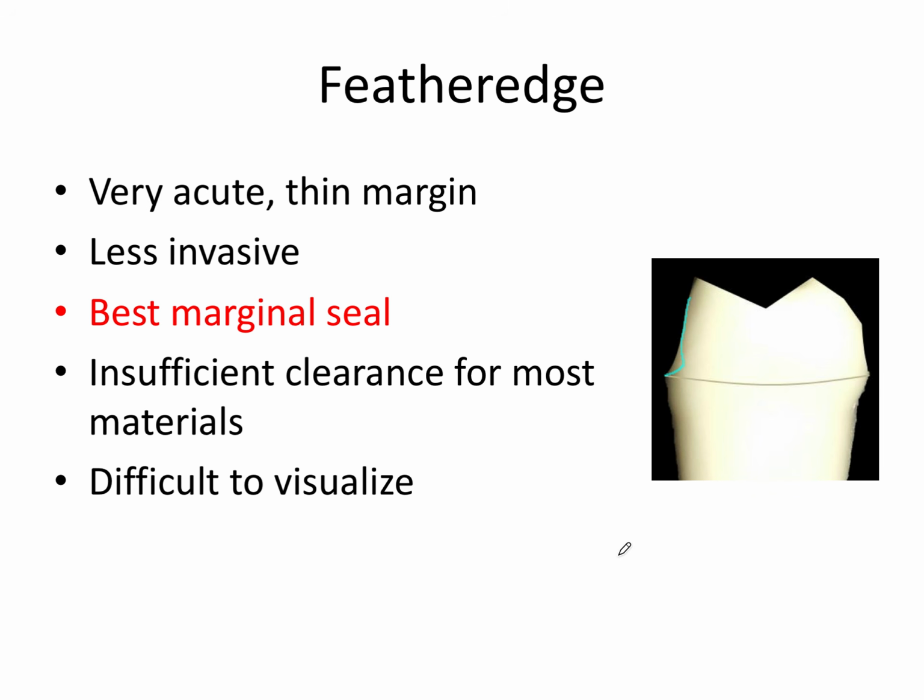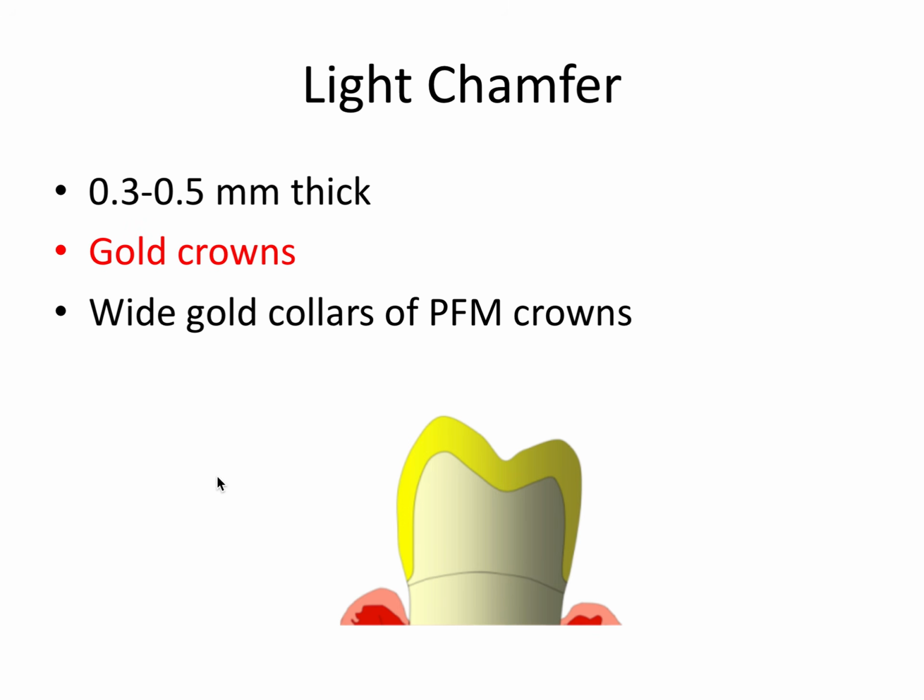And since it's completely under operator control during the tooth prep, we want to avoid undercuts at all costs. So that's an undercut, and this is the feather edge margin. Again, not used because it's so minimal that we're not providing enough clearance for the crown material.